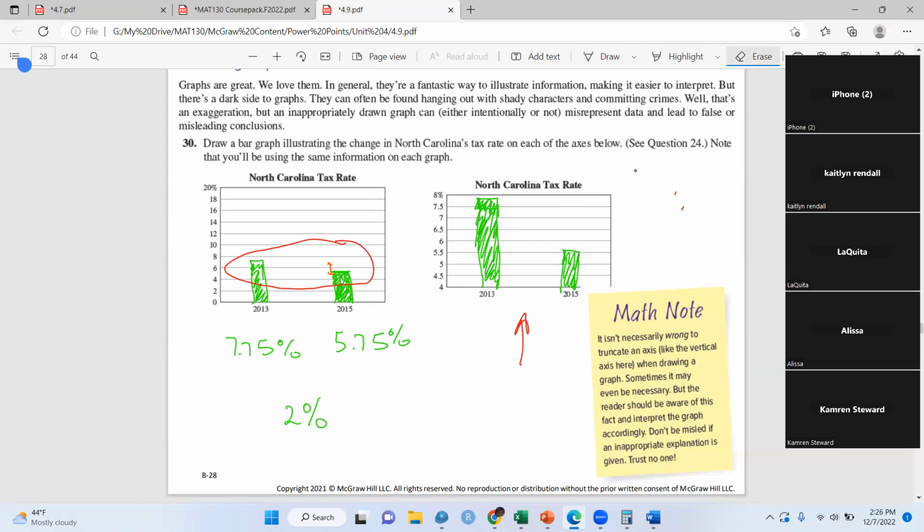So to the unsavvy reader, you would look at the visual difference between the 2013 and the 2015 tax rates and think, wow, whoever voted here cut the taxes in half, because this bar is about half as high as this bar, although I'm still not very good at my drawing, right? Because it should really be up to here-ish.